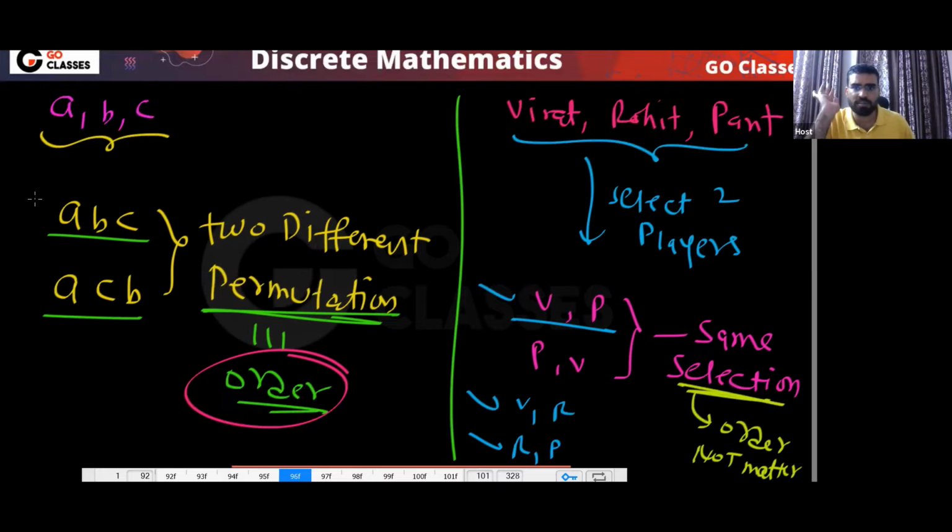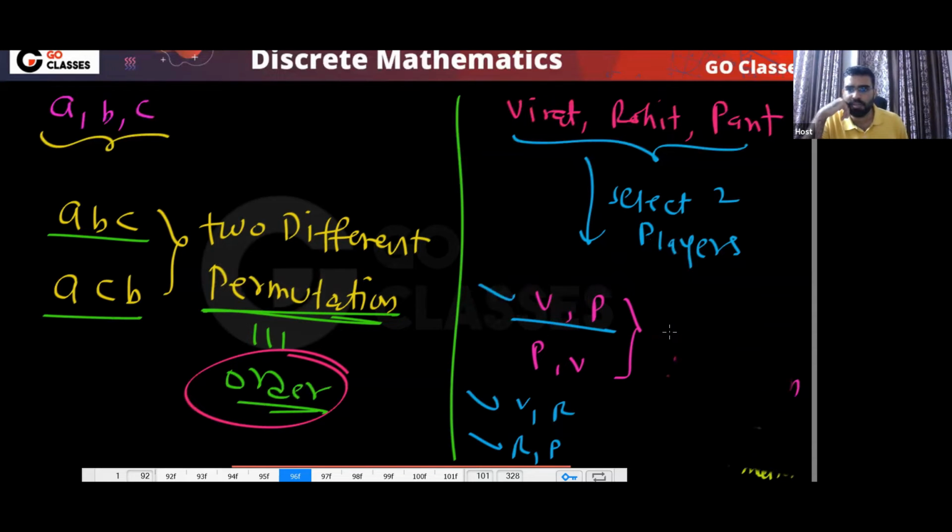Now the same question, but if I ask you to select two players for captain, vice captain, now tell me, are these two things the same? Now these are not the same, now these are different.